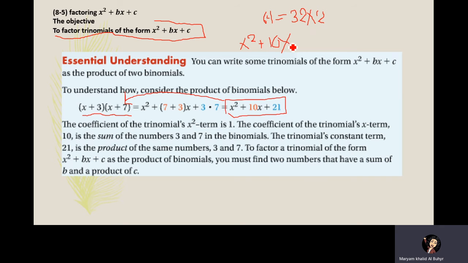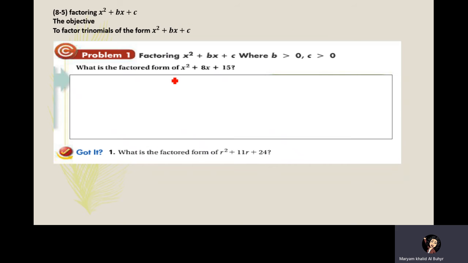I can write this one as factors by using two binomials. Let's see this one. What is the rule? Let me tell you the basic idea. I am going to find two numbers: once I add them, I will get 8, and once I multiply them, I will get positive 15.